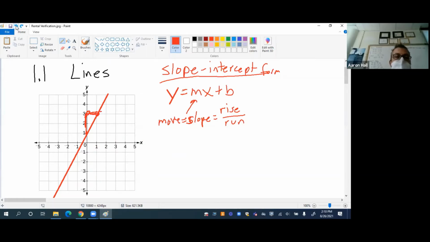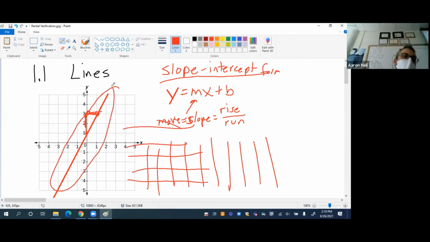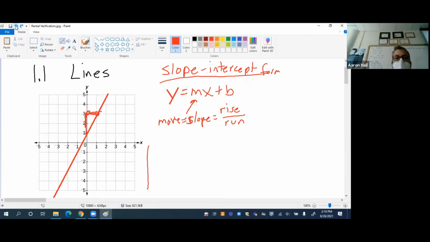The grid goes in all directions to infinity. The graph is an infinite set of solutions that is represented by the equation. I don't know if you guys are comfortable with those two distinctions.